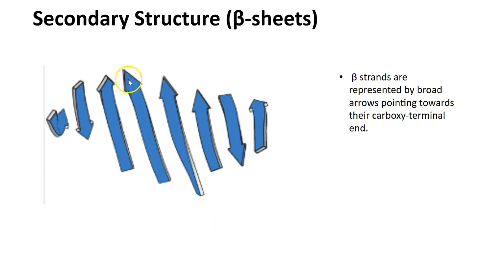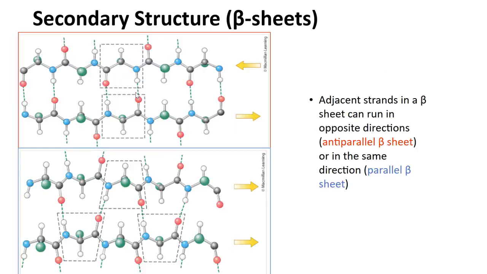And so the arrows here are pointing towards the carboxy terminal end. And this end is the amino end, so where the nitrogen is located. So nitrogen, carbon, and that's the direction that it's going. You can have anti-parallel beta sheets and you can have parallel beta sheets.